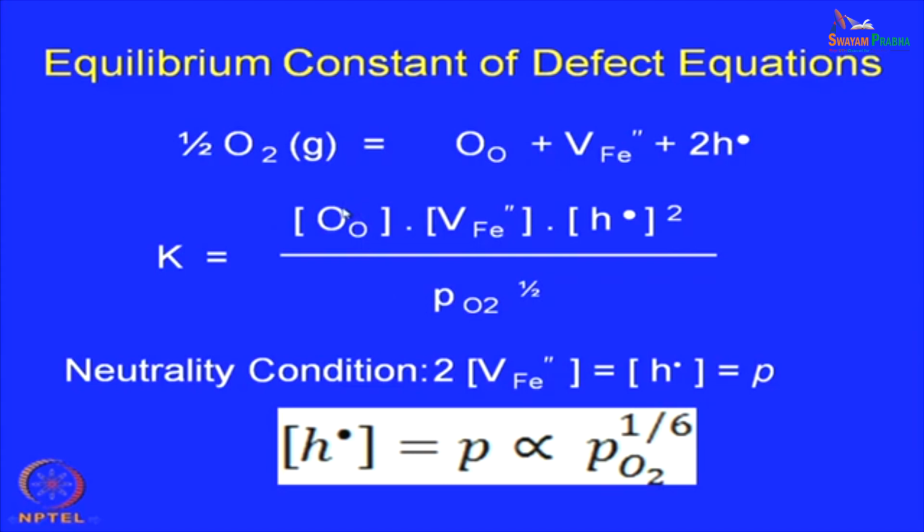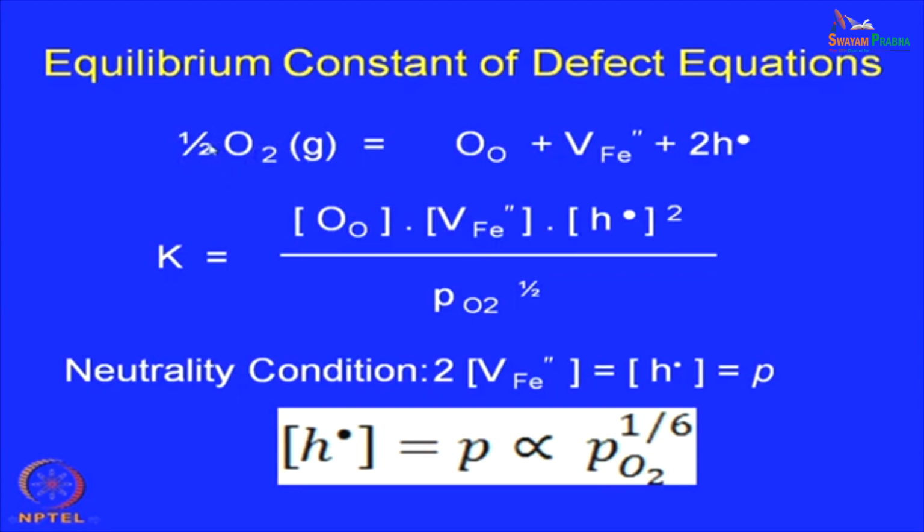So, the square brackets actually mean concentration. So, it is the concentration multiplied by this concentration and multiplied by this concentration. This concentration is h squared, because their coefficient is 2, and on the left side you have O2.